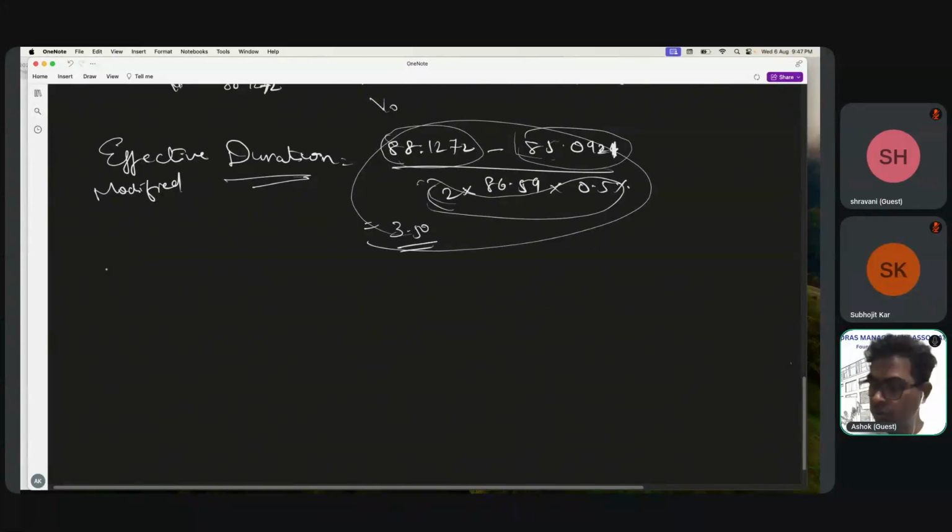Now this modified duration or effective duration is called the approximate change in the bond price. It is not the exact change.